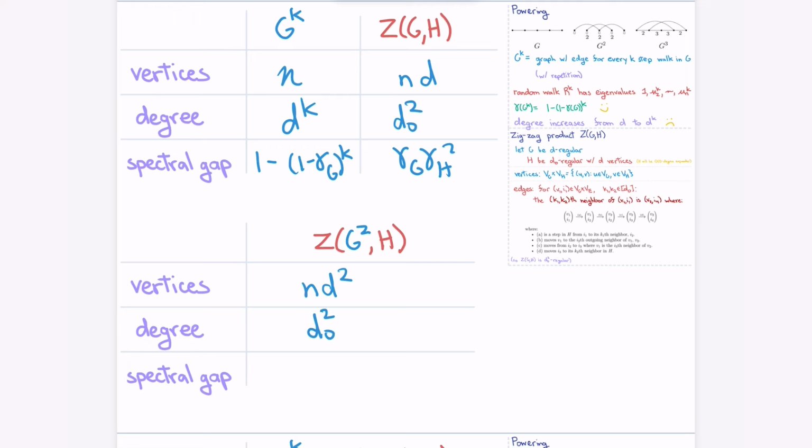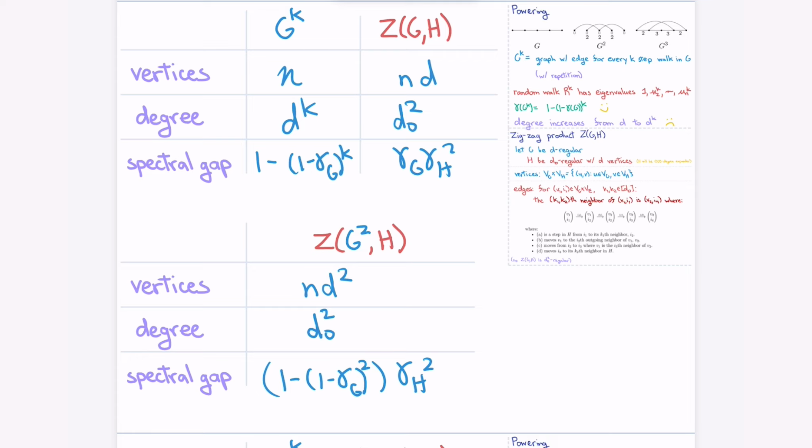And then what's the spectral gap? It should be like 1 minus gamma G squared times gamma H squared. Is that even true? You tell me. Gamma is the gap. So when we power G, it's the mu's that get powered, right?